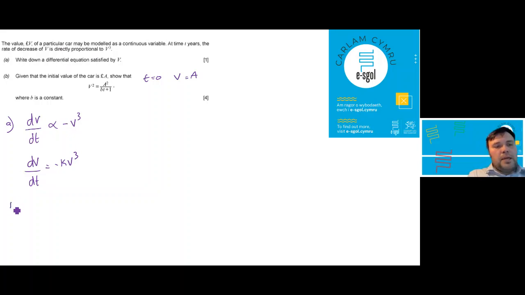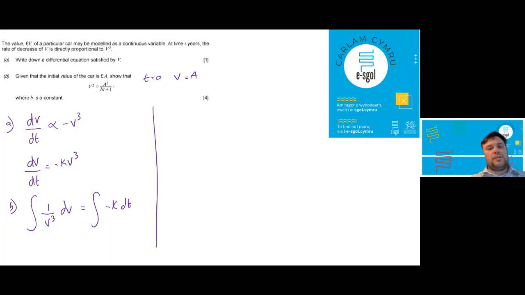So for part B, what I have is the integral of 1 over V cubed dV equals the integral of minus k dt. Need a bit more space, so I'm going to stick a line straight down. I don't like integrating 1 over V cubed, so I'm going to write it as V to the minus 3 dV equals minus k dt.